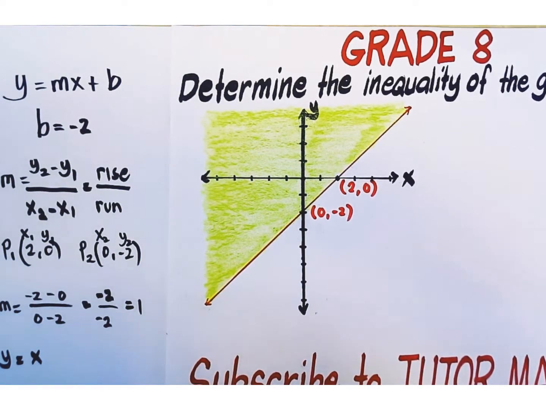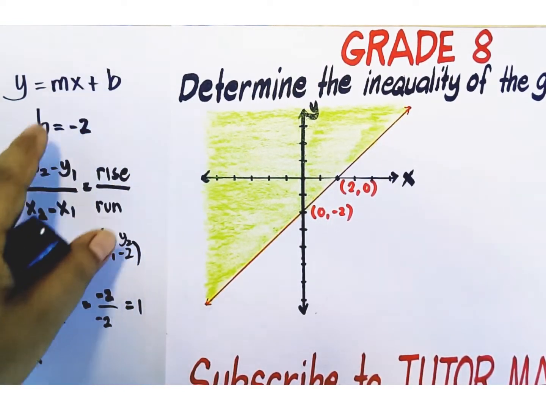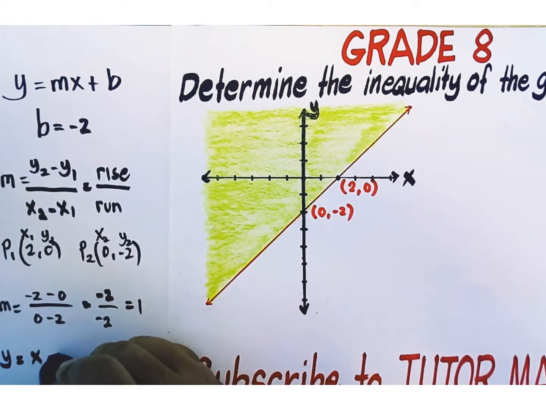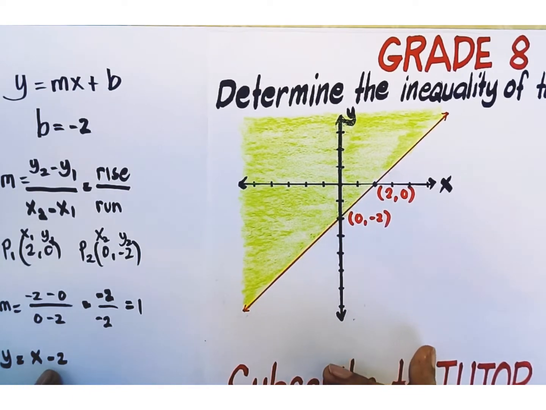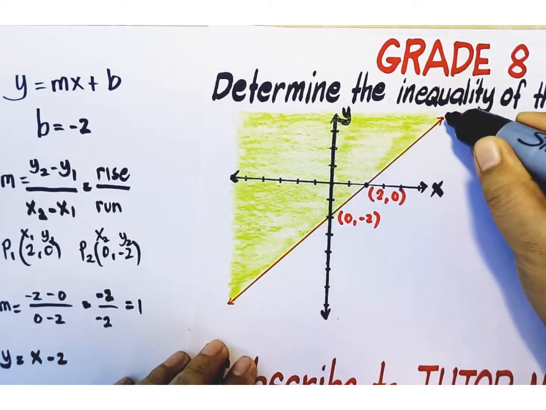The numerical coefficient is understood to be positive 1. The constant term of the slope-intercept equation is the value of b, and it's equal to negative 2. Y equals x minus 2 is the equation of this boundary line.